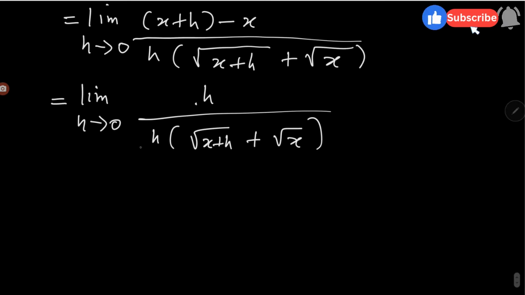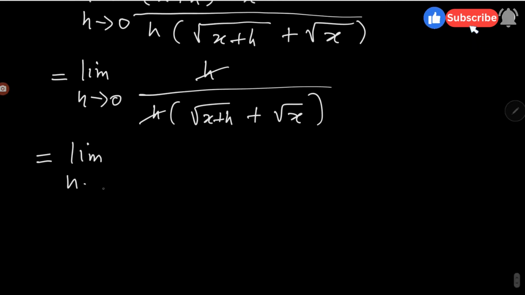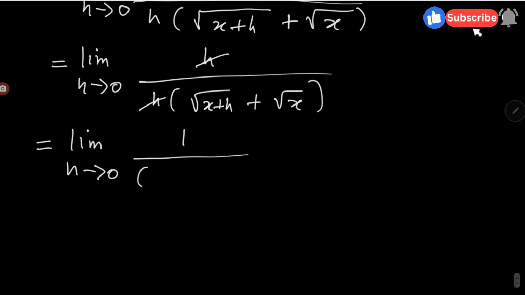So h and h will go. We have the limit as h goes to 0 of 1 over, so we shall just remain with square root of x plus h plus square root of x.